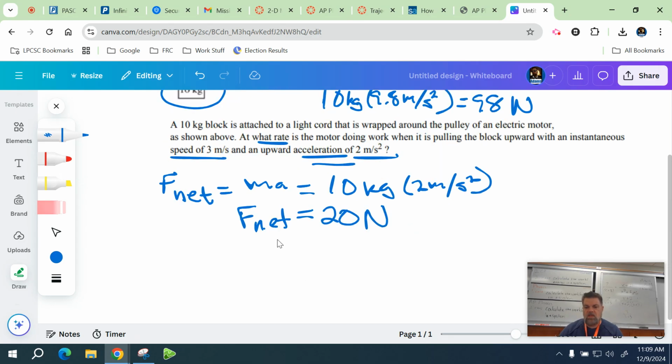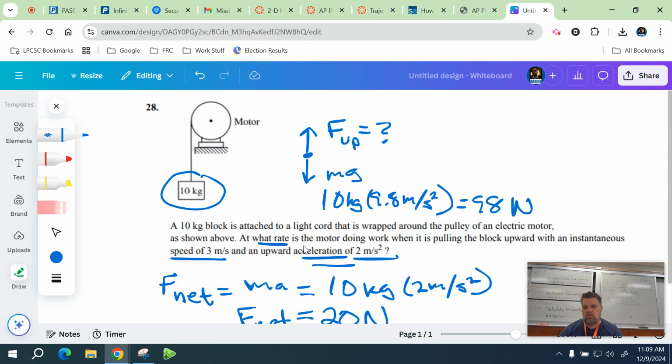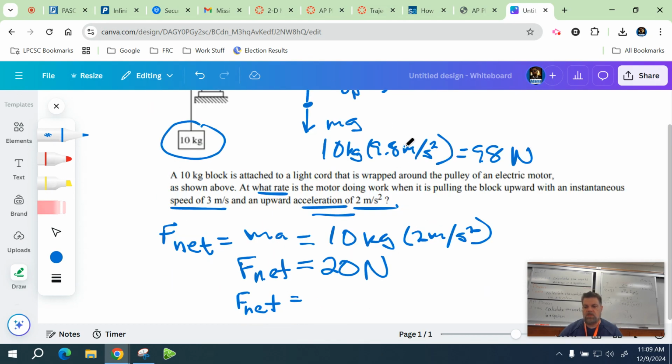So then the net force, or 20 newtons, is also equal to the sum of these two forces. The force going up minus 98 newtons.